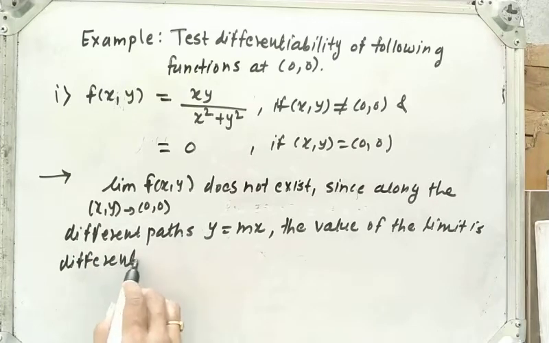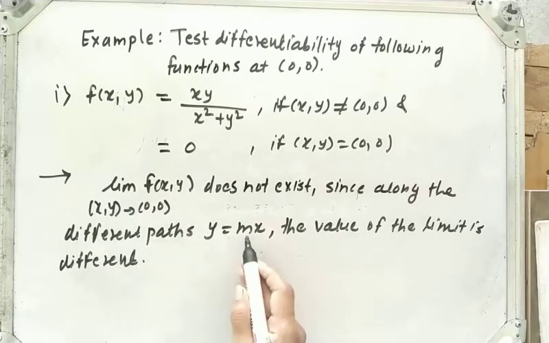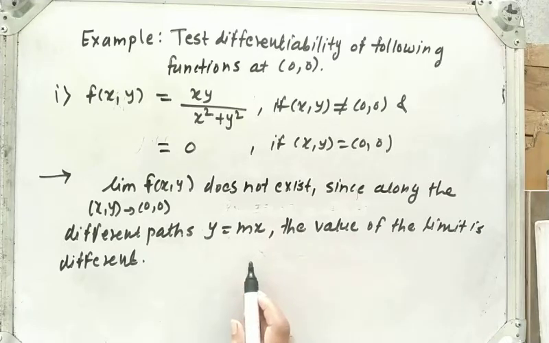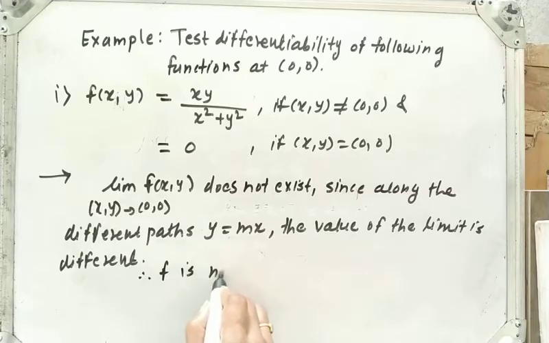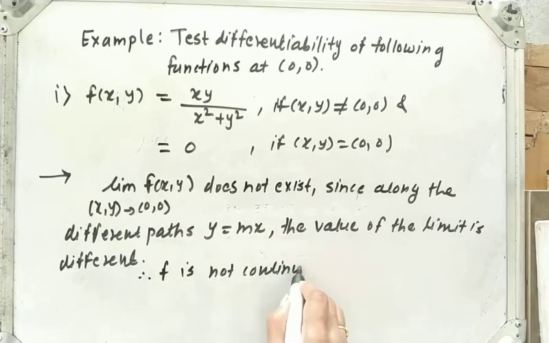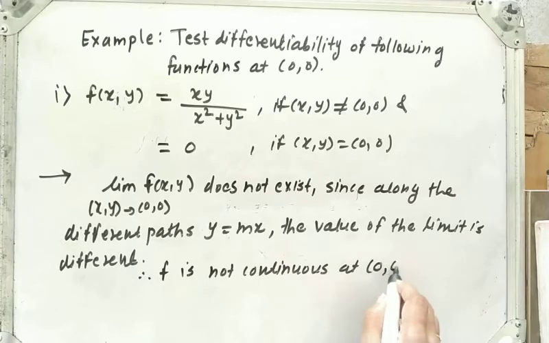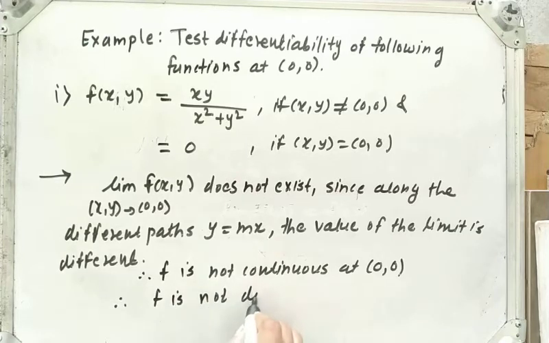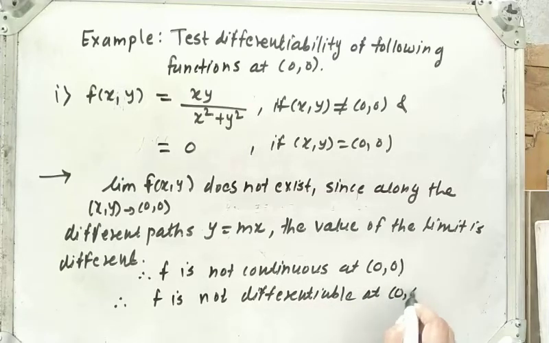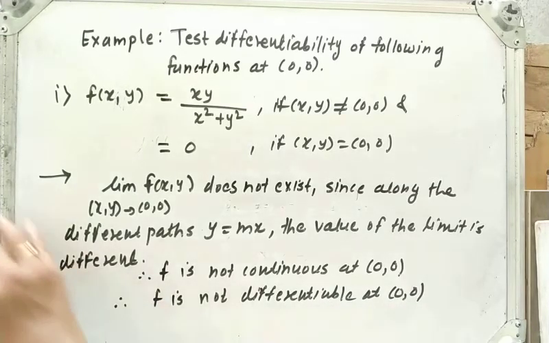Along y equal to mx, as m changes, the value of limit changes, means we get different limits, different values. So limit of this function does not exist. Therefore f is not continuous at (0, 0). And if the function is not continuous at (0, 0), we can say that function is not differentiable at (0, 0). Therefore f is not differentiable at (0, 0). That is the first example to check differentiability.